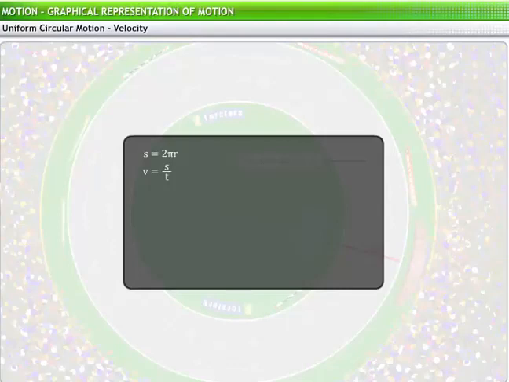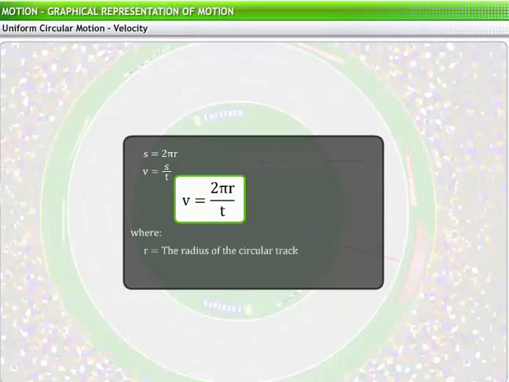Hence, the speed of an object in uniform circular motion is v is equal to 2 pi r divided by t, where r is the radius of the circular track and t is the time taken to circumnavigate the track once. Thus, you can use this formula to determine the speed of an object in a uniform circular motion.